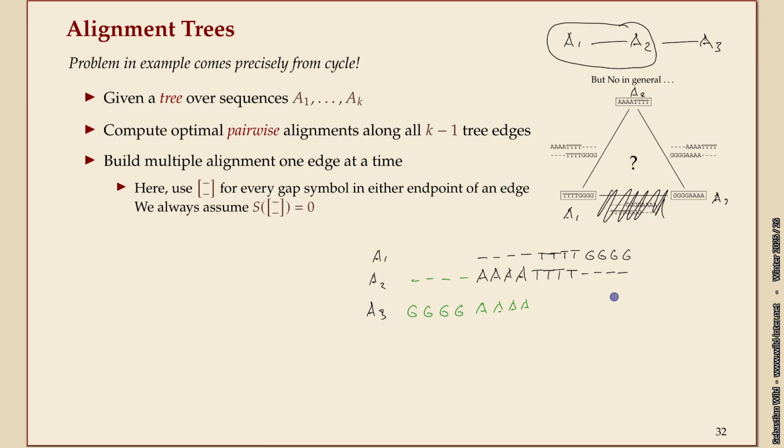Now, for making this a complete alignment, there's things left here. Sorry, yeah, missing these 4. There are some other columns that are gaps in A2 that didn't exist in our alignment for A2 and A3. That's these 4. For these, we just add another round of gaps in A3, and we still retain a valid alignment.